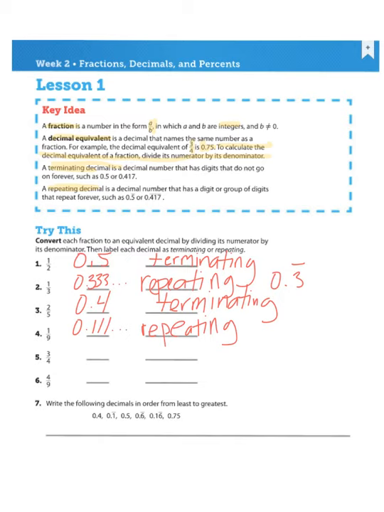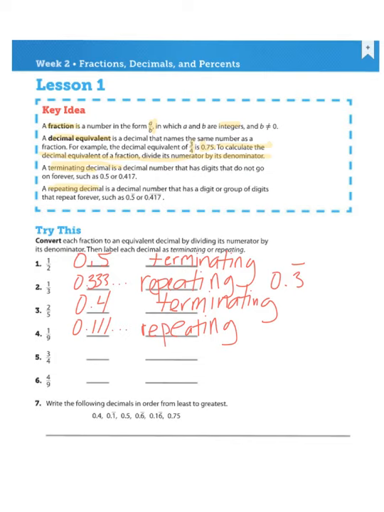So we're going from smallest to biggest. And they do put some repeating decimals in here, so we kind of have to watch that. So we have 0.4, 0.1 repeating, 0.5, 0.6 repeating, 0.16 repeating, and 0.75.